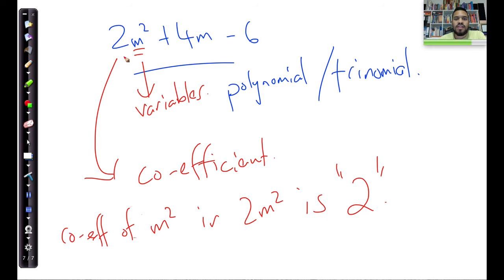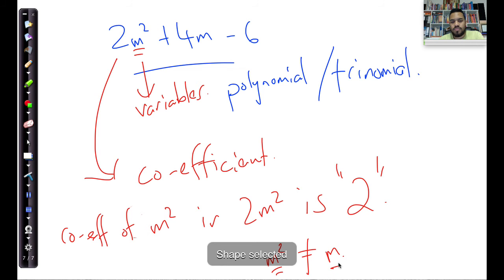Okay, that's a coefficient, that's a variable, and very important, we said that m squared is not equal to m, because this is m times m and this is just m. Okay, I think that gives us a little bit of introduction about those things over there.